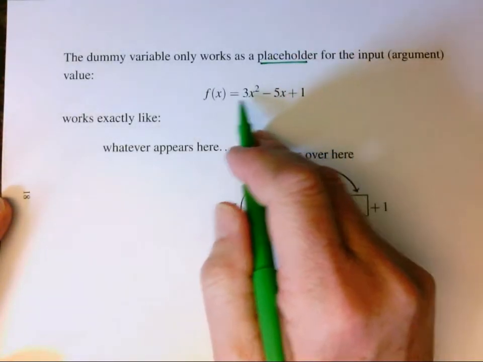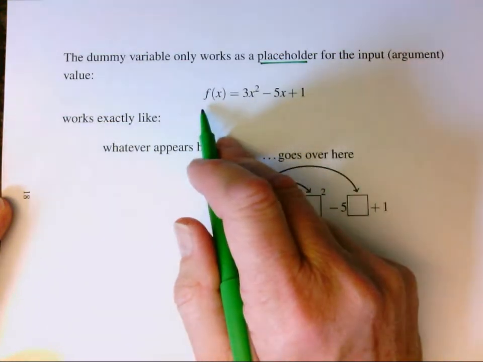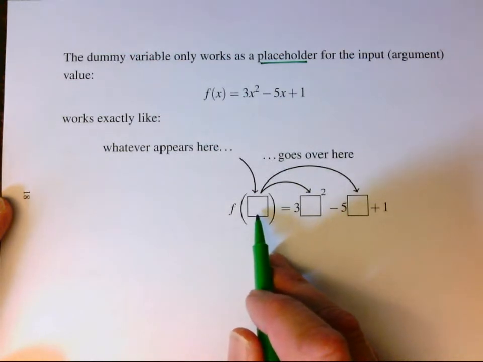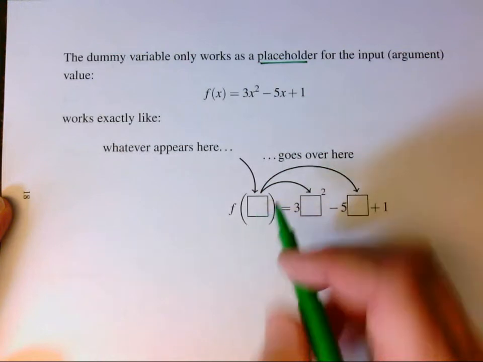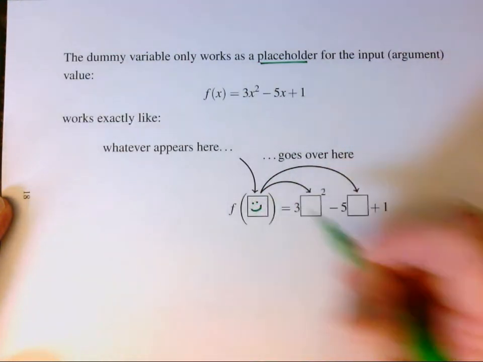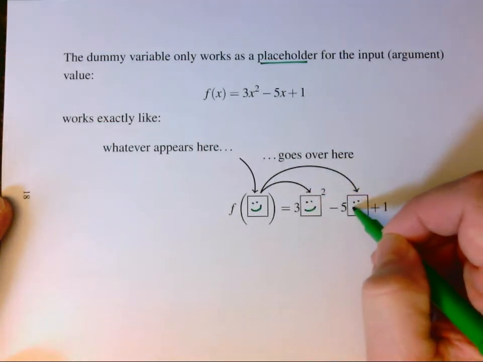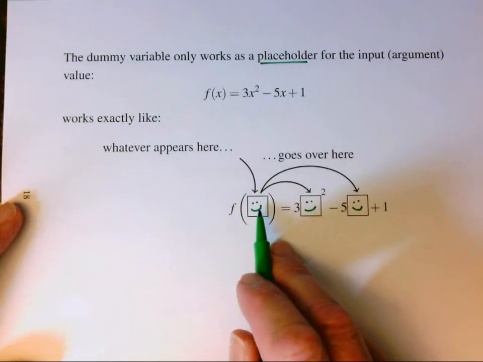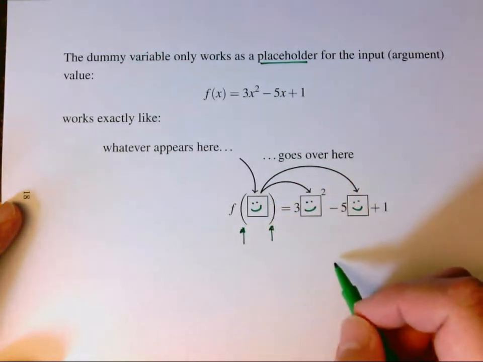So this is the standard mathematical way of saying it: we think of that x as just a box. And whatever appears in this box is substituted over here. Whether it would be a simple thing or a complicated thing, whatever appears in this box, and the parentheses tell you where that box starts and stops.